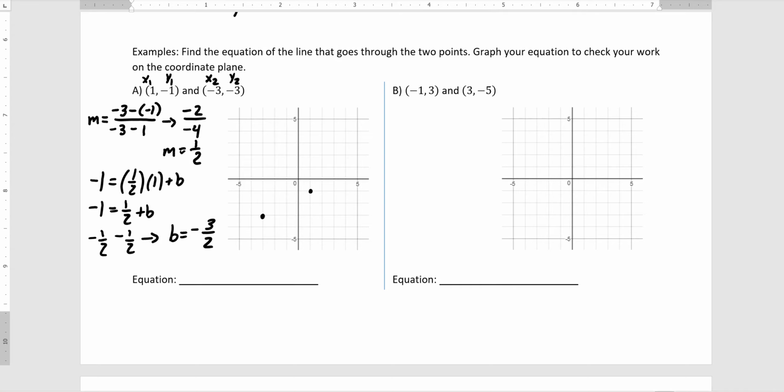So my equation would be y = 1/2 x - 3/2. Now let's graph it using the points we were given. Up 1 over 2, up 1 over 2. Good, my slope checks out. Up 1 over 2, up 1 over 2, down 1, left 2. Connect these dots here.